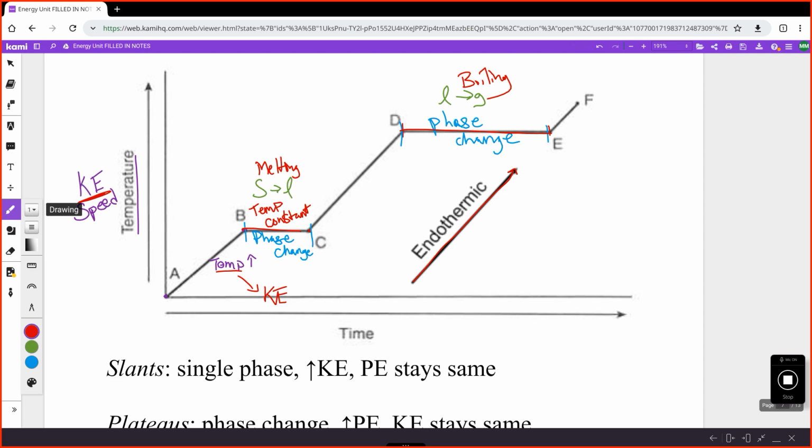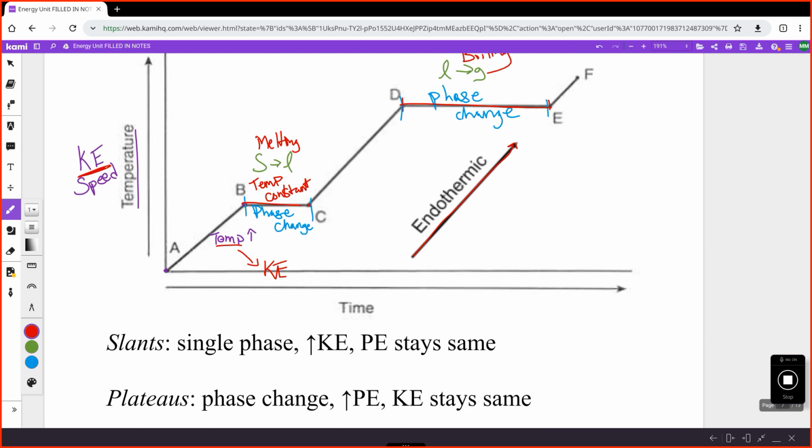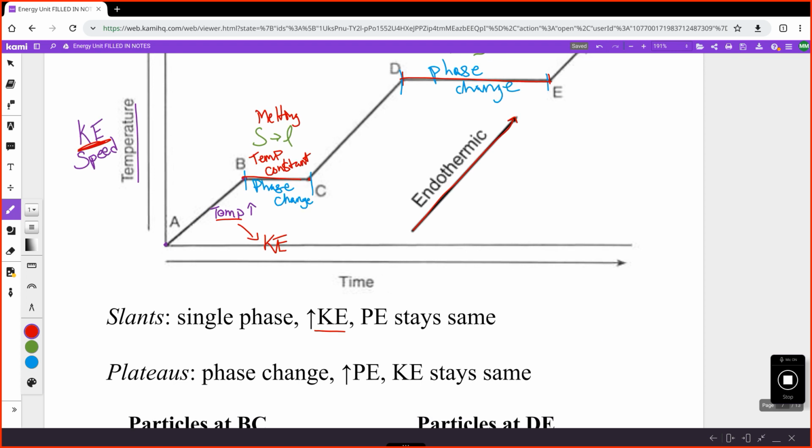You can only change one type of energy at a time. And so if kinetic is changing, which we know kinetic is changing because the temperature is changing, then potential stays the same. A plateau, these flat lines, are the places where phase changes. This is where potential energy increases. Right? Again, what do these words mean?